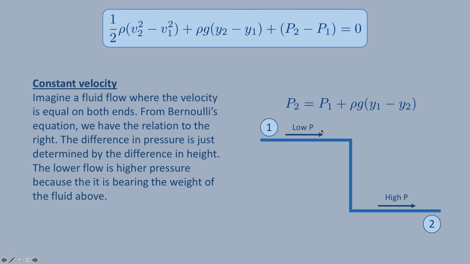So at the top side, where you're up high, you actually have lower pressure, and at the bottom side, where you are low in height, you have higher pressure. Essentially, the fluid is supporting the weight of what's above it, and so down here that builds up pressure, so you'll have higher pressure on the low end compared to the high end.